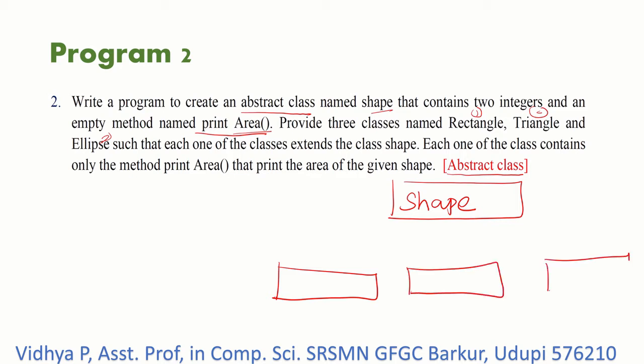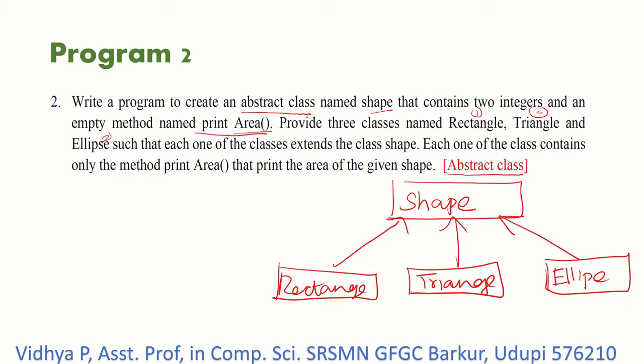One we call rectangle, the other one is triangle, and an ellipse. And what we are going to do is just rewrite the abstract method print area, where we are going to just calculate the area and print the same. So this is a very good example.